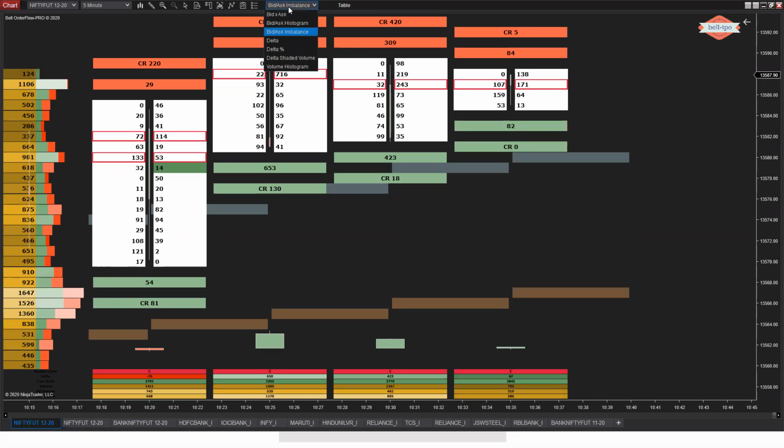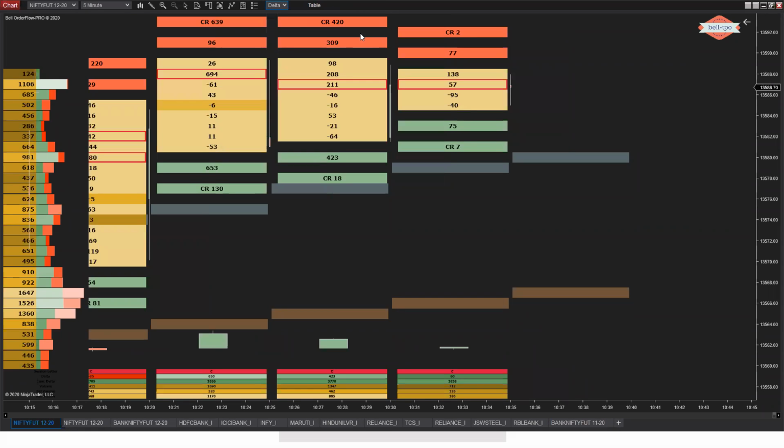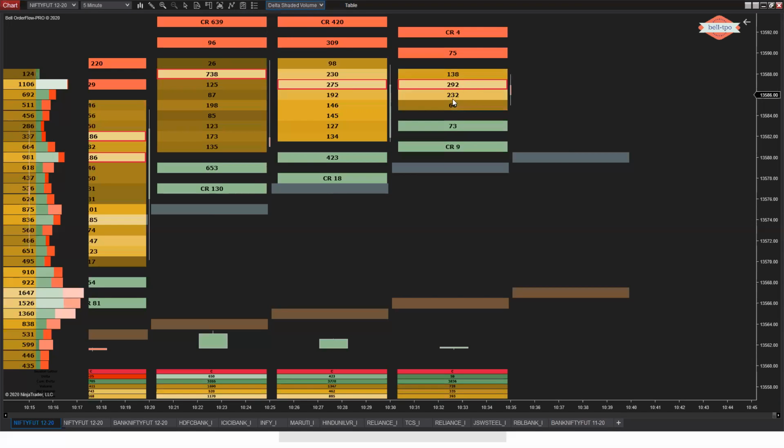Or maybe the better way is to go to the delta blocks. The delta blocks always show the difference between buyers minus sellers. So here also you will be able to see the blocks. In fact, in every place, in the case of delta shaded volume, wherever the volume is at the highest level, you can see those levels. So you can see that 738 is the highest volume traded anywhere else. So that block is highlighted.